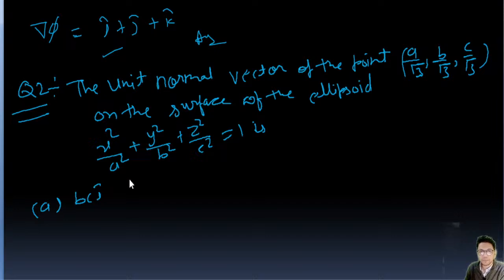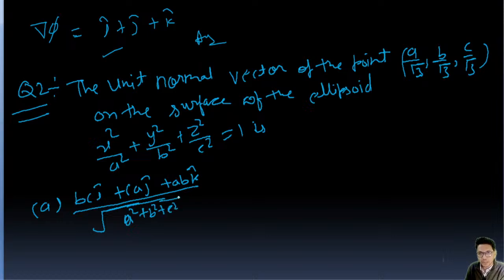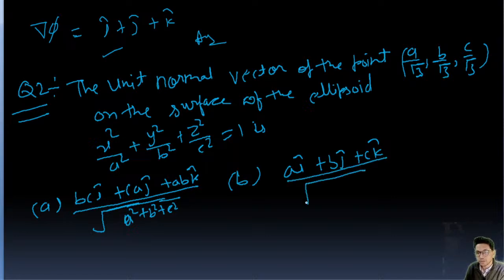Option A is bc i cap plus ca j cap plus ab k cap upon root a square plus b square plus c square. Option B is a i cap plus b j cap plus c k cap upon root a square plus b square plus c square.